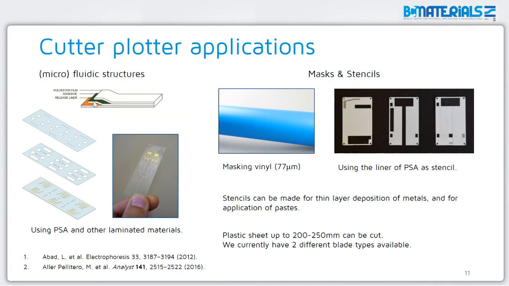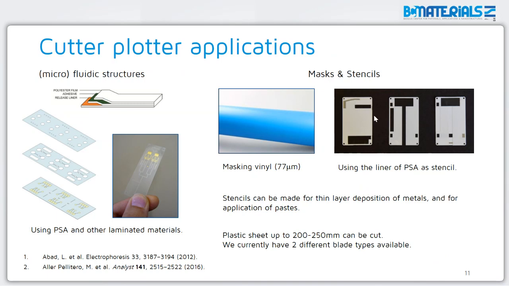The other way to do this is if you use this PSA, you can pre-cut the release liner. You can use the cutter plotter just to cut the release liner and make structures for electrodes. If you're not able to do screen printing, or if you don't have enough paste, you may want to use this approach. So you take an adhesive, you pre-cut the liner, you remove it from the areas where you want to deposit your paste.